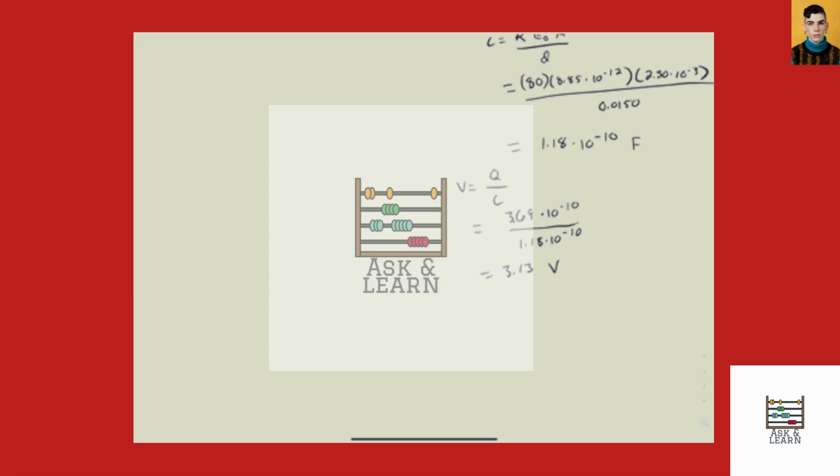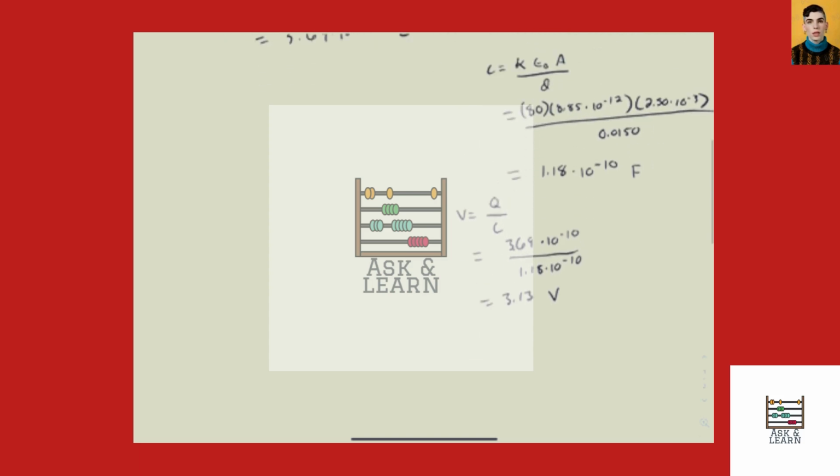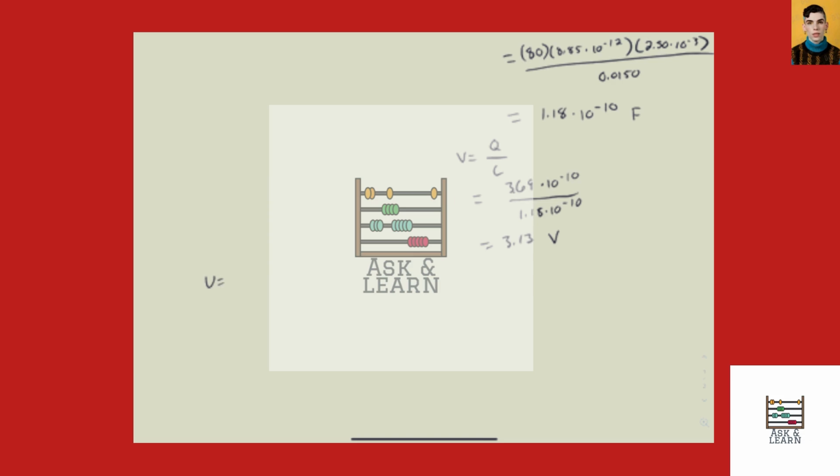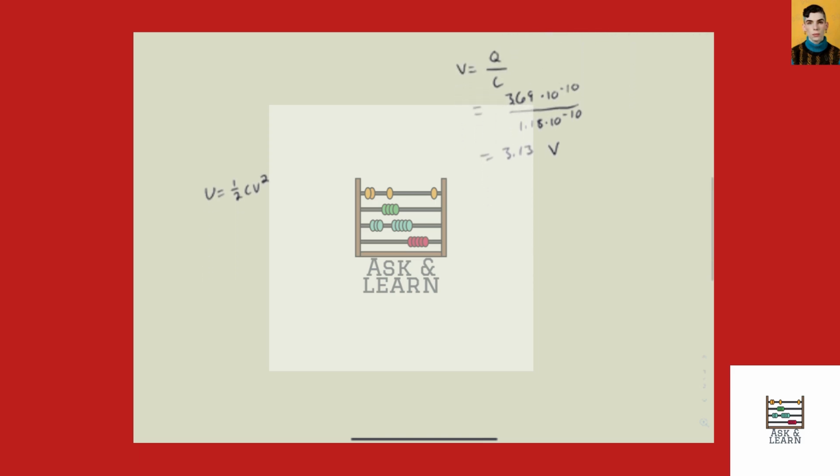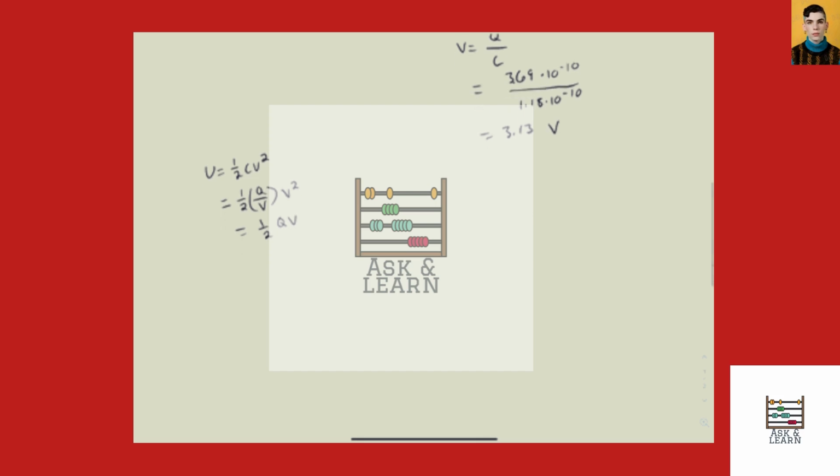Now to figure out the change in energy, well, the energy before, let's see, we have 1/2 CV squared, but it'll be easier if we substitute the capacitance for Q over V. So we get 1/2 QV, and it's the same over here, but the voltages are different, so this is V1, V2.